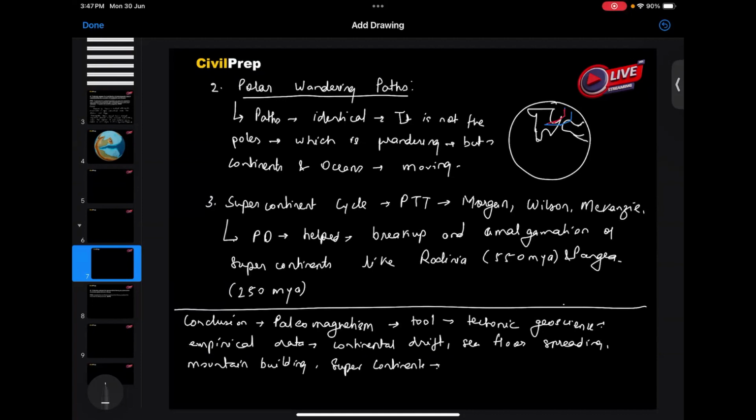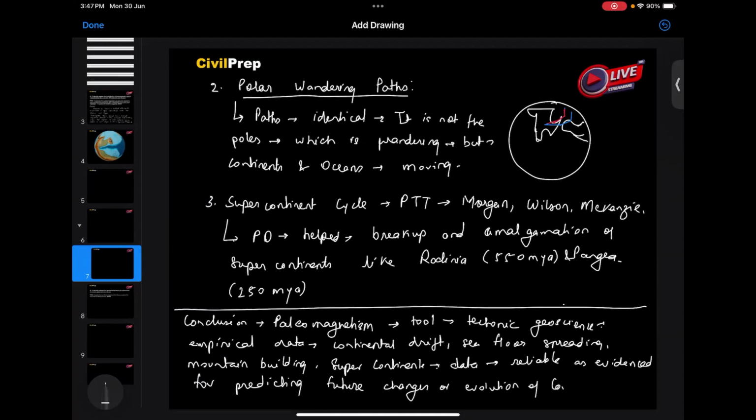Thus, we'll be seeing that this data is quite reliable as evidence for predicting future changes or evolution of continents and oceans.